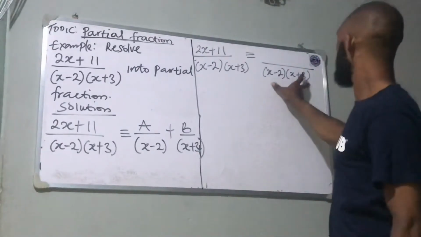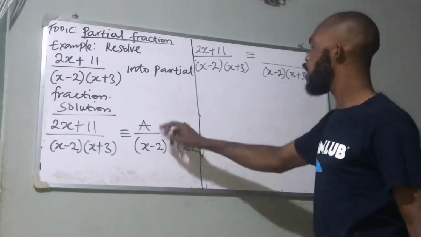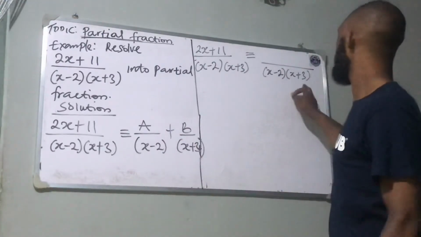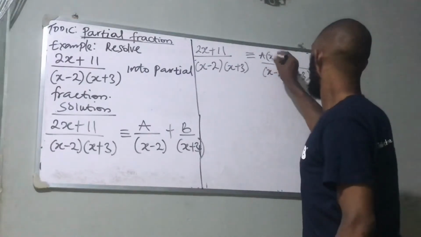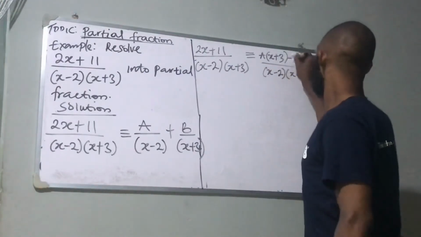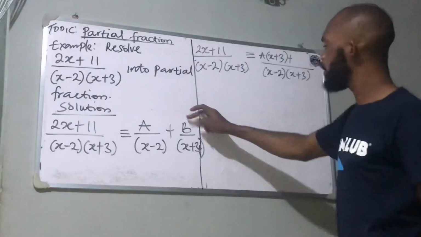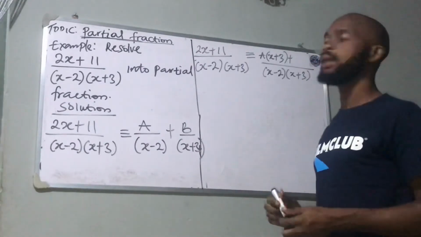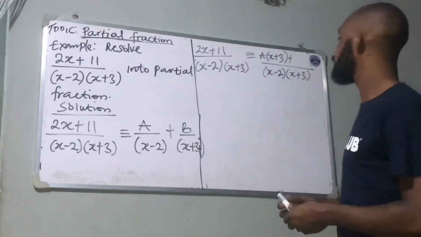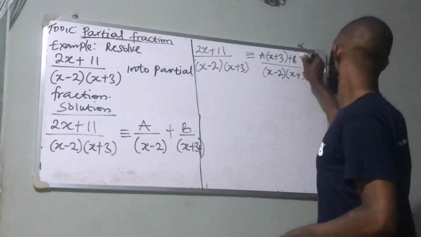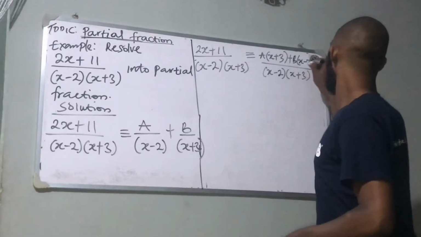Now, if I multiply a/(x minus 2) by the LCM, I'm left with a(x plus 3), plus, if I multiply b/(x plus 3) with the LCM, I'll be left with b(x minus 2).